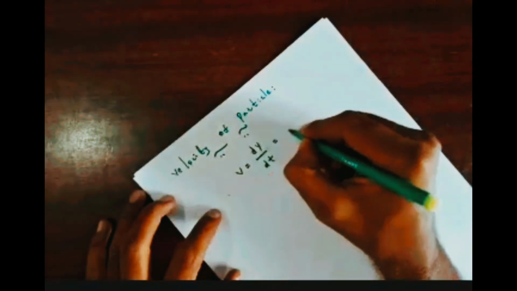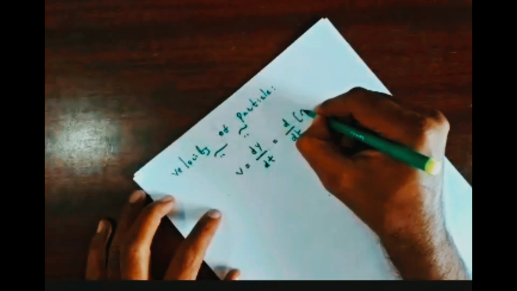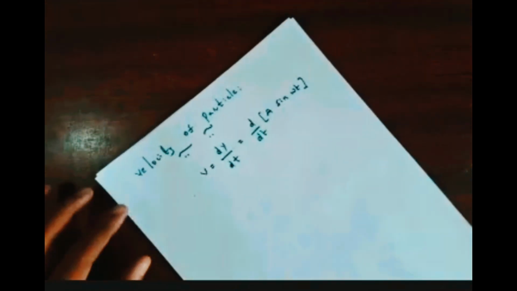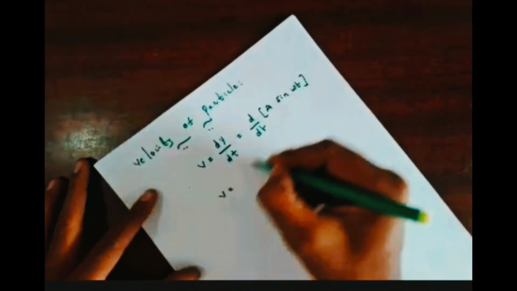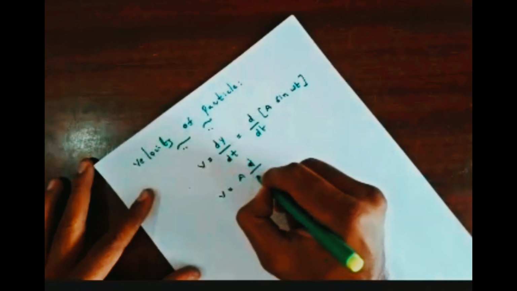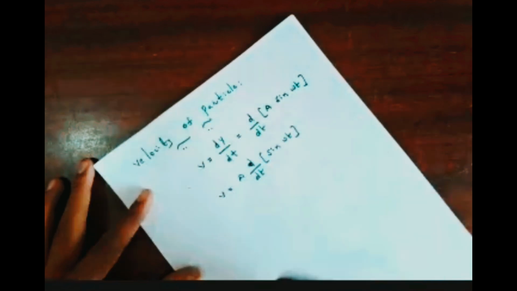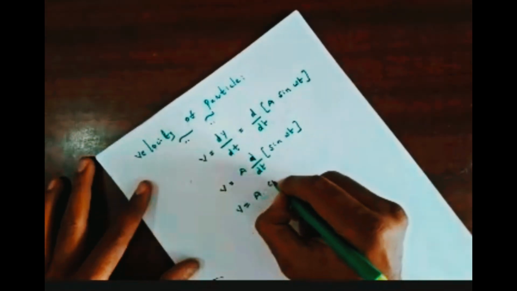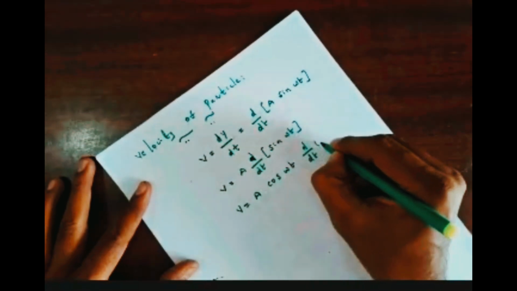So here, that is nothing but d by dt of y, and y is equal to a sine omega t. Then v is equal to, taking out the a, d by dt of sine omega t. If you differentiate that, the differentiation of sine is cos omega t, and again you need to differentiate omega t.